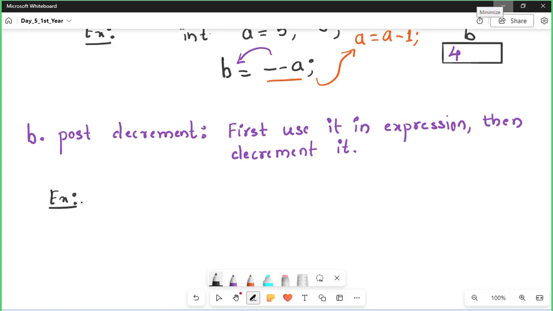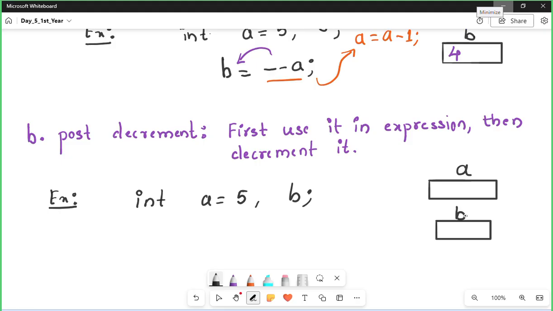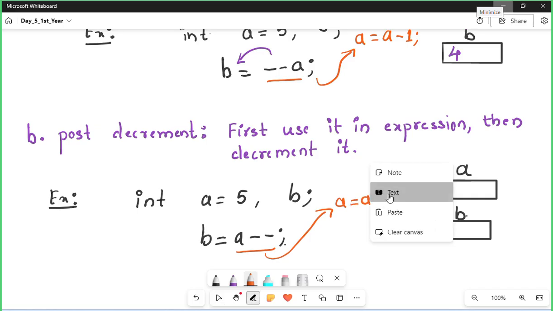Take an example here. Int a is equal to 5, comma b. As per our declaration, we have two variables a and b. Post decrement is always written after the variable. Now what is the meaning of this decrement? Decrement is nothing but a is equal to a minus 1. But when to do it depends upon the definition.